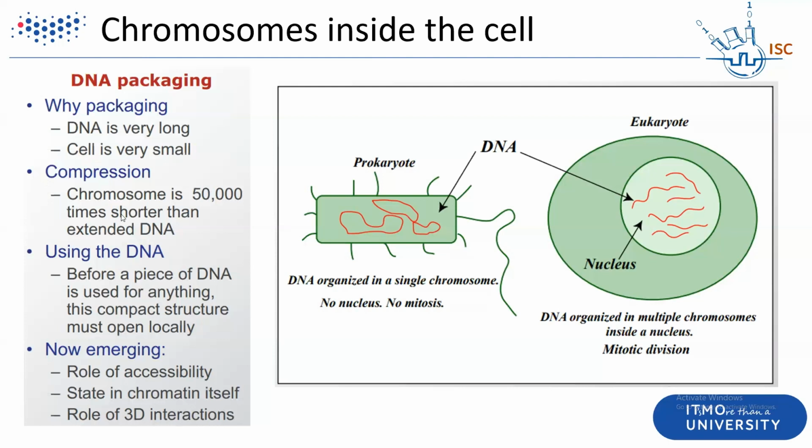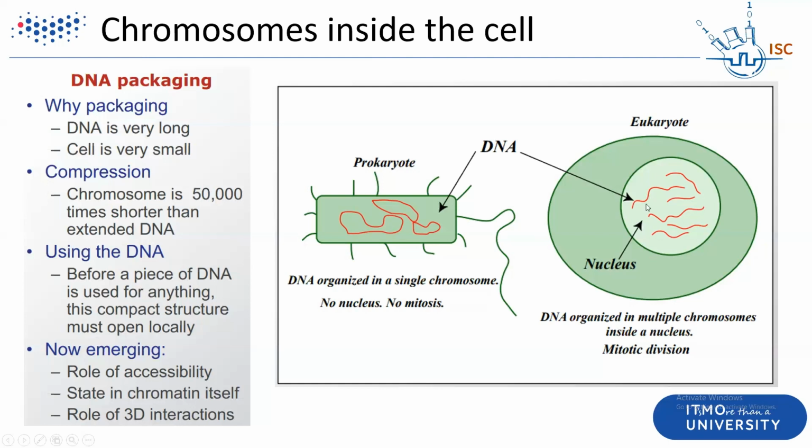On the other hand, before a piece of the DNA is used for anything, this compact structure must be opened locally, because when it's heavily packed with histone protein, the genes cannot be expressed.